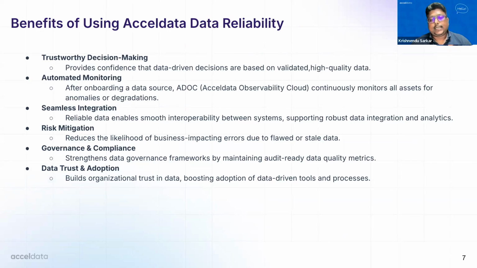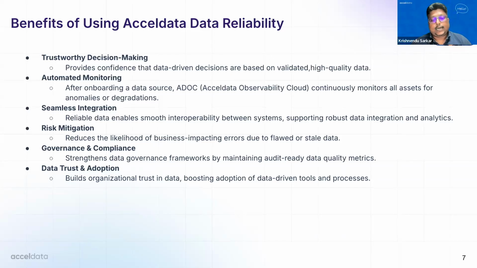Another is automated monitoring with ADOC. Once the data source is onboarded, it is automatically monitored for issues like anomalies and performance drops. No manual checks needed. Third is seamless integrations: clean, reliable data ensures systems work well together, making integration efforts smoother and analytics more effective.